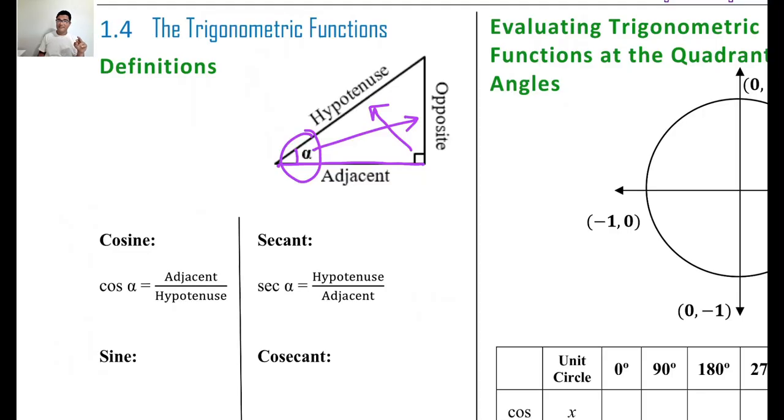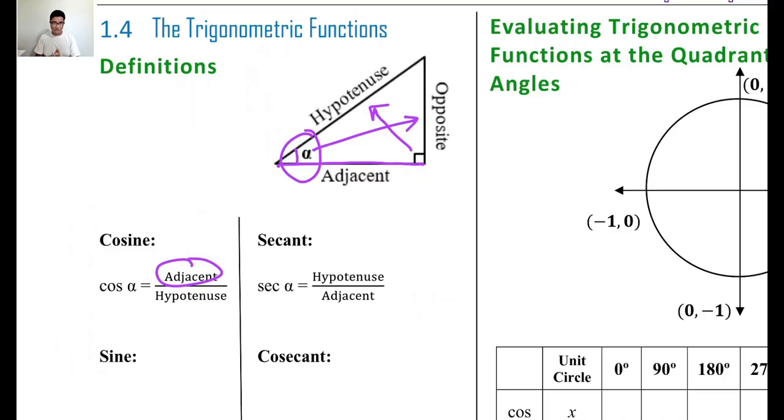Based on that, there are three things here: adjacent side, opposite side, and hypotenuse. You can define 6 ratios. How? You take any side, like adjacent, and you can divide that adjacent by either the opposite or the hypotenuse. You get 2 ratios there, and you can repeat that for the other 2 sides respectively in the numerator and the remaining 2 in the denominator. So 2 plus 2 plus 2, 6.